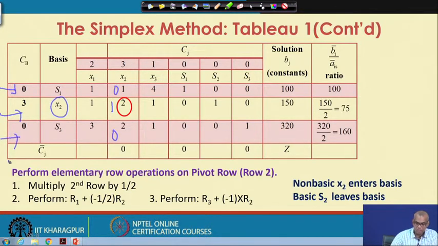And you have to add to the third row the second row multiplied by minus 1. So, once you do this, you will have 1 here and 0 in these two places.